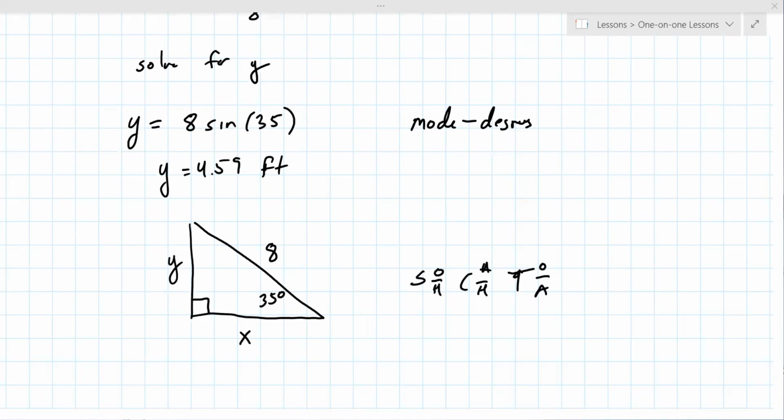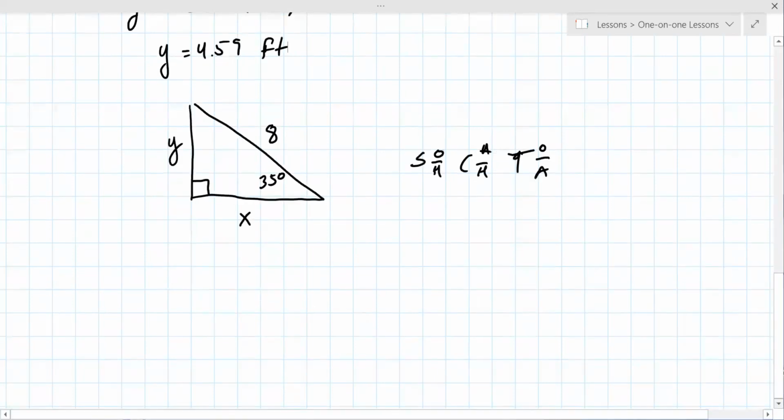Okay, so which of these trig functions would you use for finding x? Let's say you want to find x. Either sine or cosine, probably.